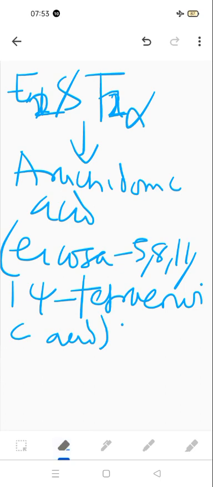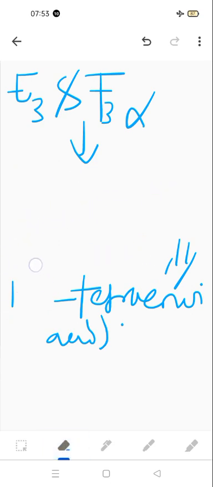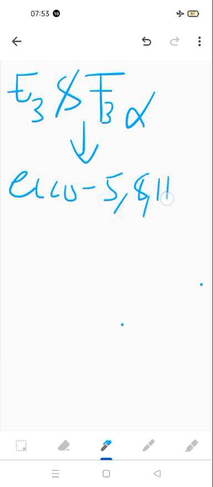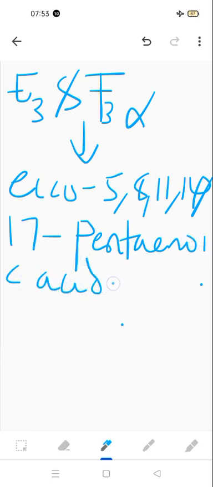And then we said prostaglandins E3 and F3 alpha are synthesized from eicosapentaenoic acid. So they're synthesized from eicosa-5,8,11,14,17-pentaenoic acid. So that is where we ended the last meeting.